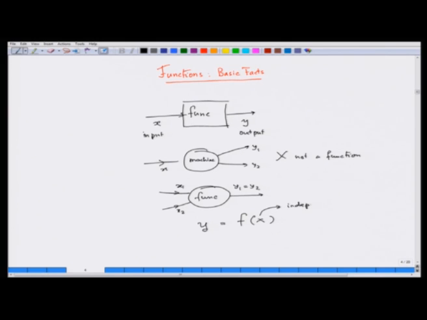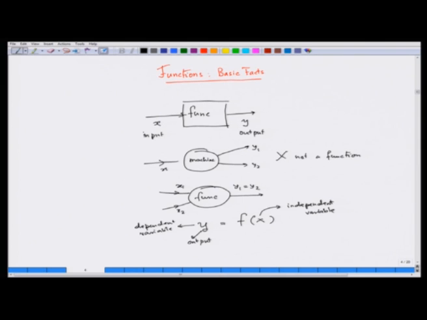So I have the choice to give my input, and this gives me output. Output or dependent variable. This is also called a dependent variable. So these are some very basic facts you have to know about functions.